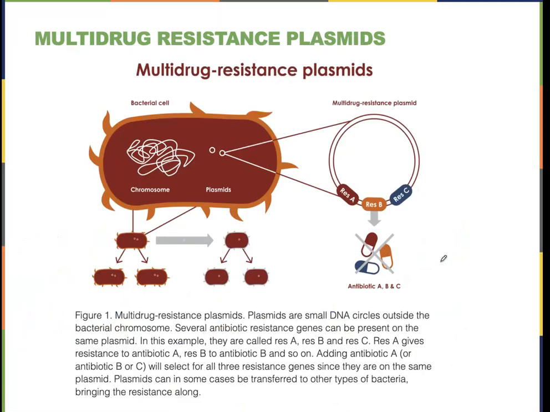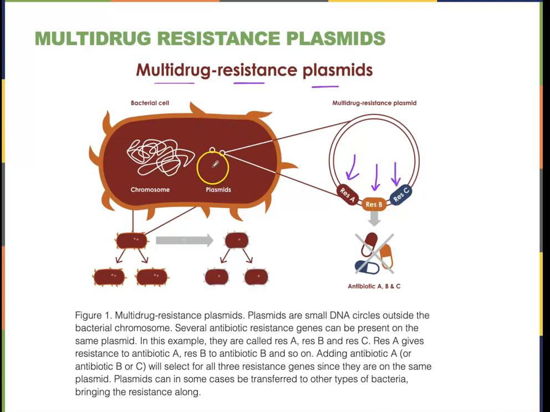On top of picking up a plasmid, which has one resistance gene on it, there can also be multi-drug resistant plasmids, meaning on one plasmid there is maybe information to make a pump. Maybe there's information to break down penicillin, beta-lactamase. Maybe there's another enzyme that breaks down another antibiotic, right?